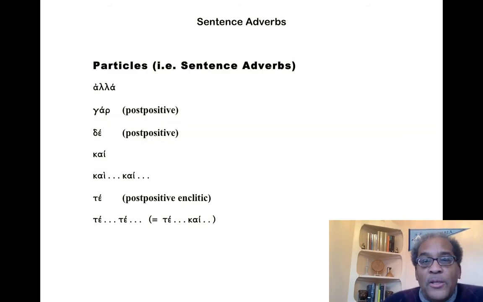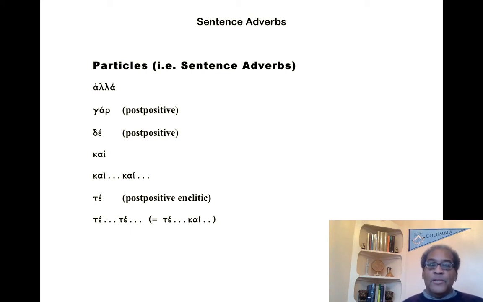So, the particles are sentence adverbs that he's given us so far. Dealing with them in the simplest terms, alla is equivalent to English but. I love her, but.